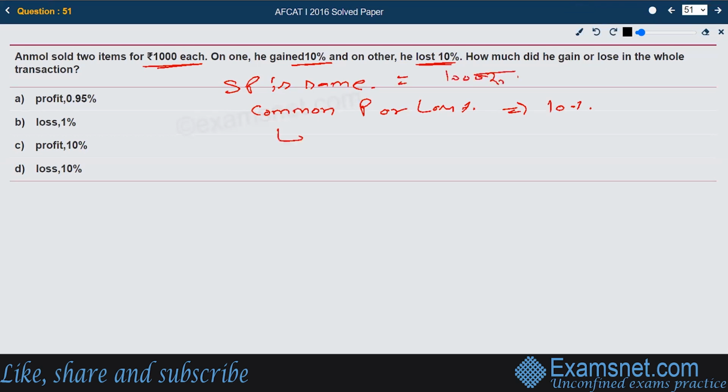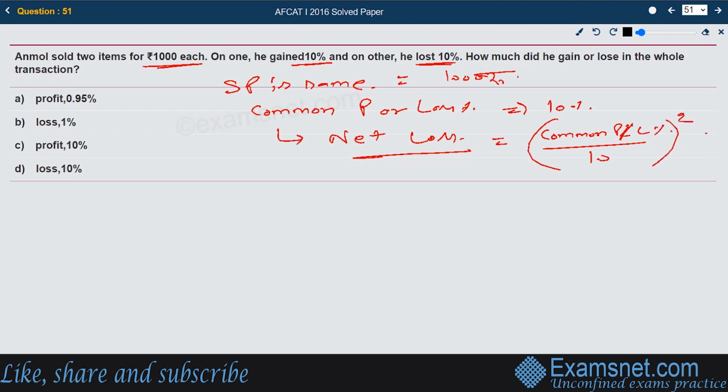So there you ultimately have a net loss, and the formula for that net loss, if you use it directly, is the common profit or loss percentage value divided by 10, whole square, percent. This is the net profit or loss.